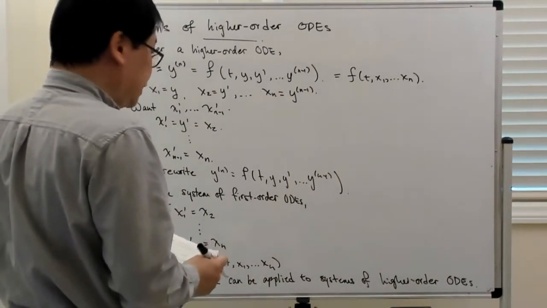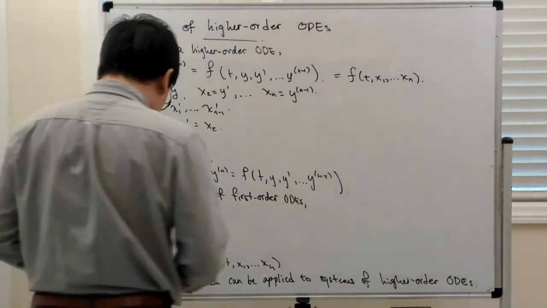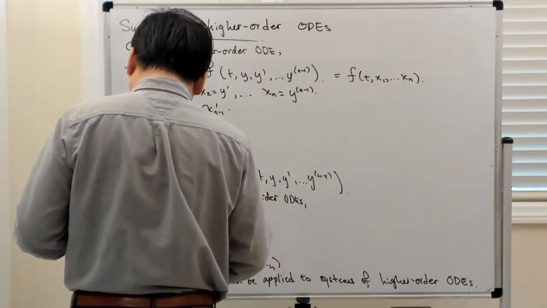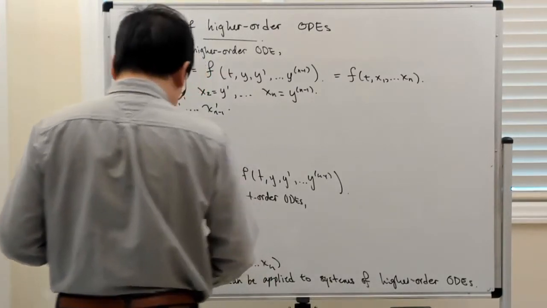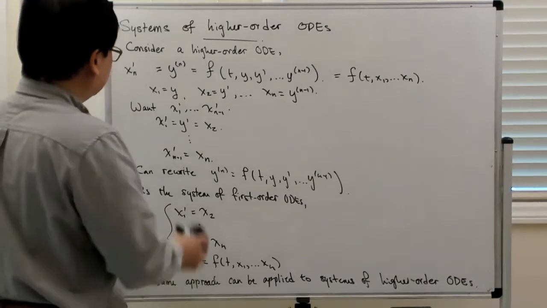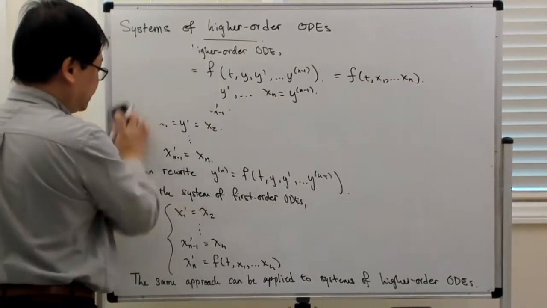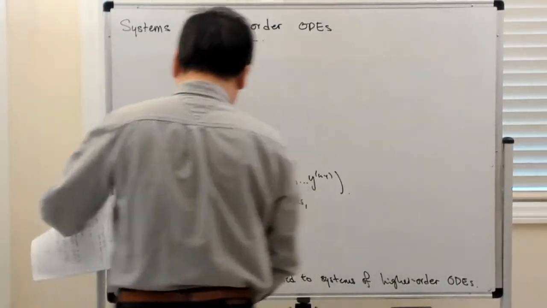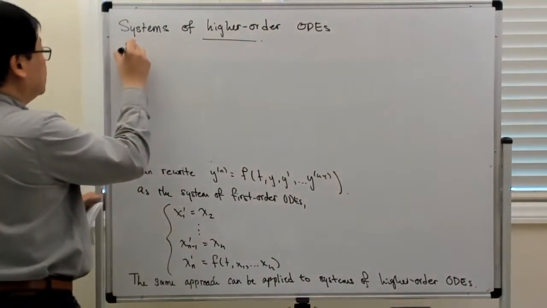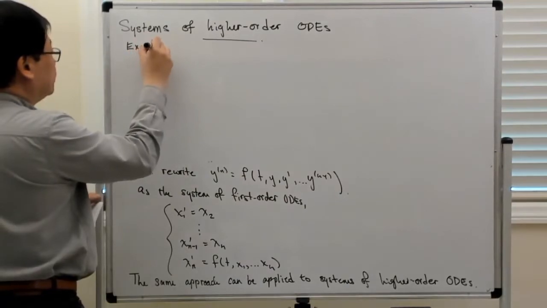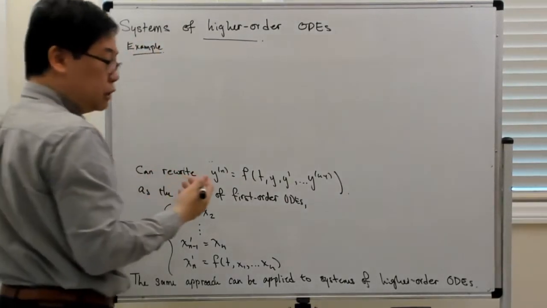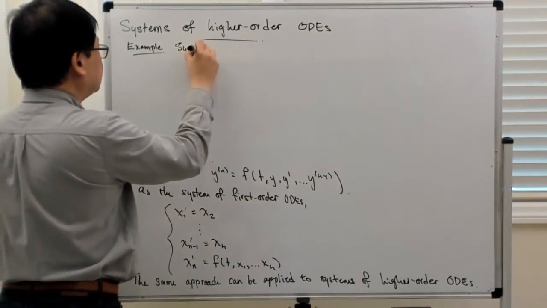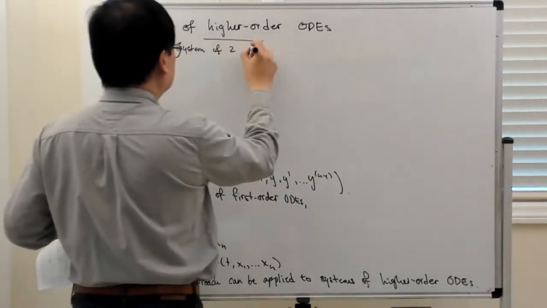So perhaps let's look at an example of this, just so that it's clear what is going on. In fact, let's look at a system of higher order ODEs, just so that we know exactly what we're doing. I'm going to look at a system of two second order ODEs.